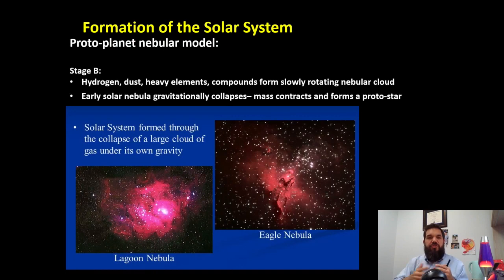Our solar system started off as a nebula. Nebula is just Latin for cloud. It's a cloud of dust and gas, mostly hydrogen. And the supernova, we think, triggered a gravitational collapse.